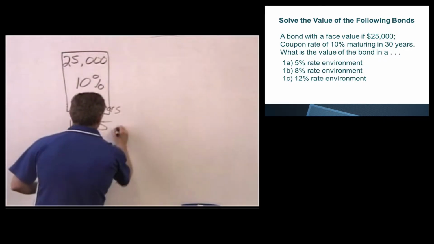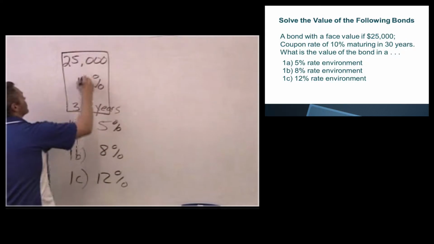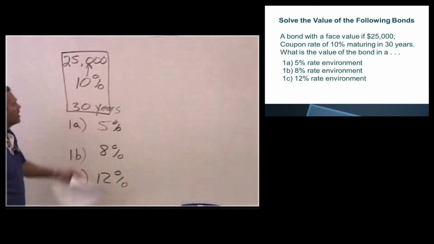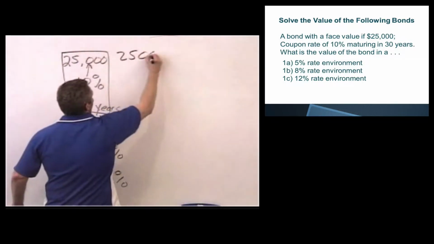So now what we need to do is to solve that valuation. The first thing that we need to do in solving valuation is we're going to take the coupon rate times the face value. And that's going to give us our interest per year. So that's going to be $2,500.